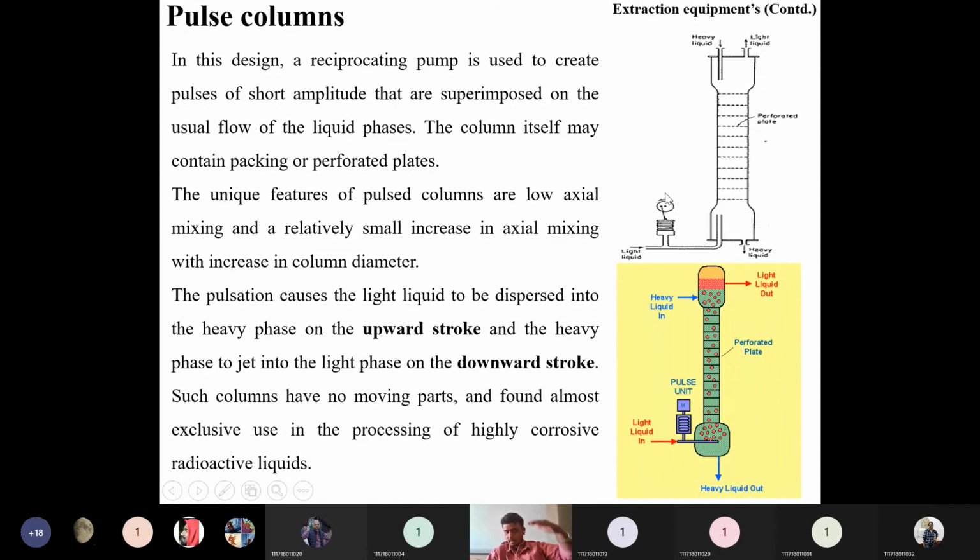When it is a downstroke, if some baffle-like structure, bellows-like, is there, then the heavy liquid will flow from the top to the bottom as a continuous phase. I will show one video based on this. Only this pulsating unit will differ here. Why? Because pulsating will add some turbulence to that liquid.